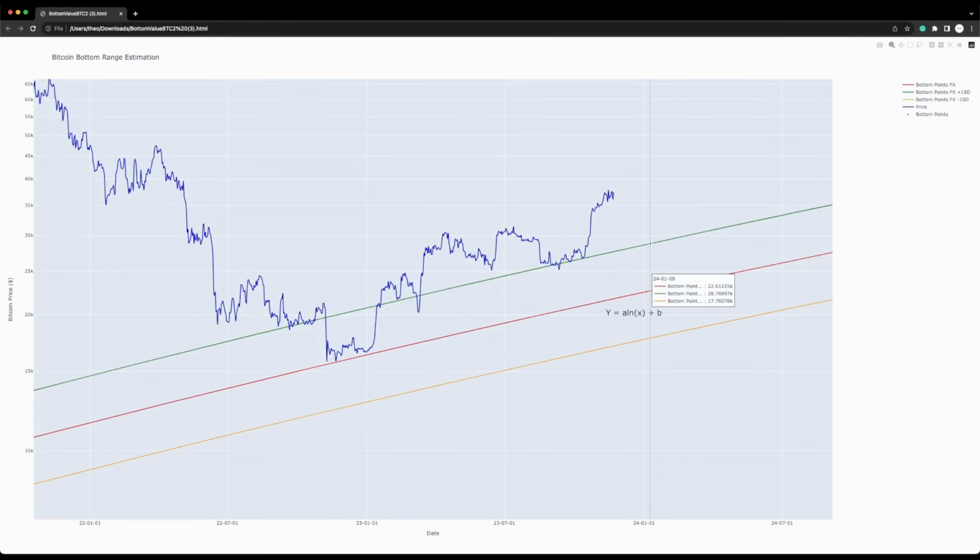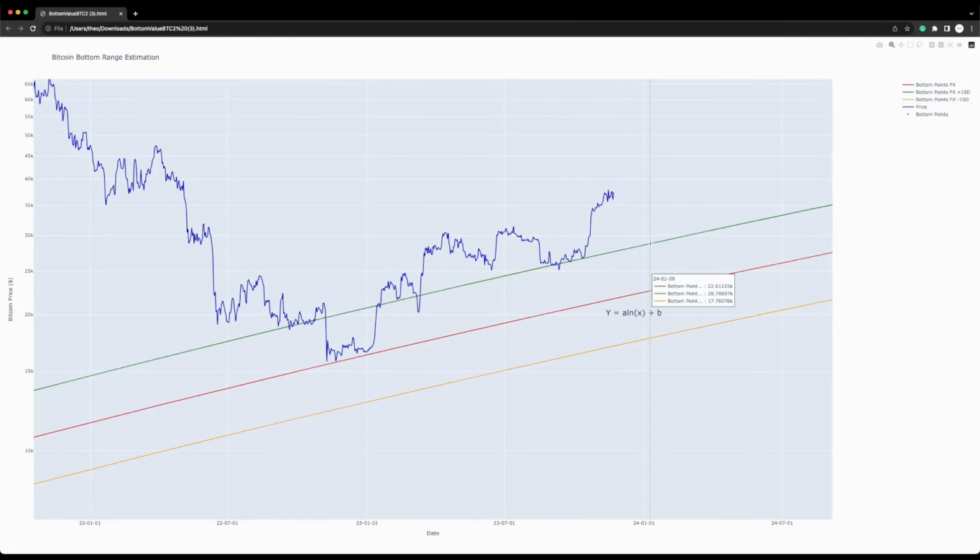So a potential strategy is to set a $200 buy order around the green line of 28.78k, then double that amount on the red line and set a buy order of $400 around 22.6k, and the rest on the orange line.